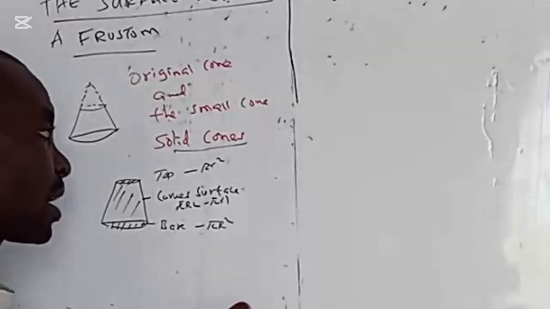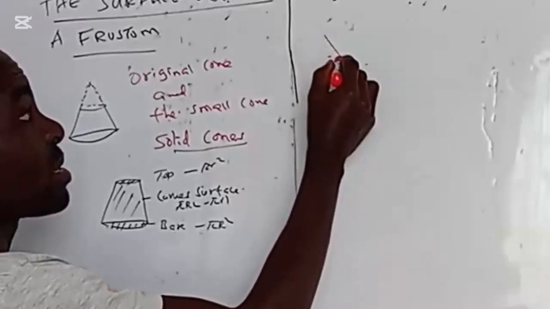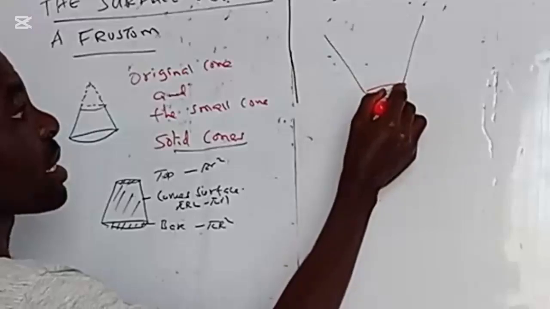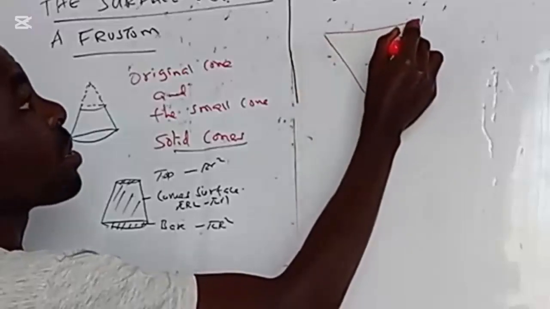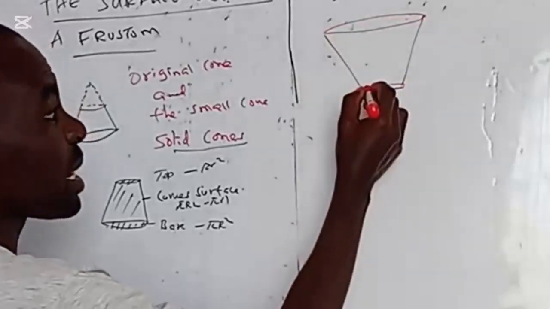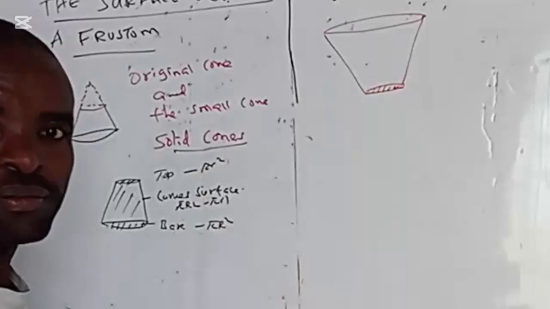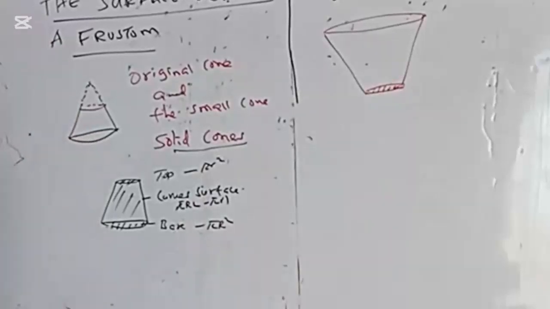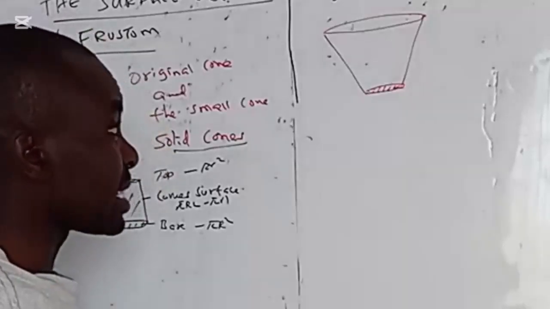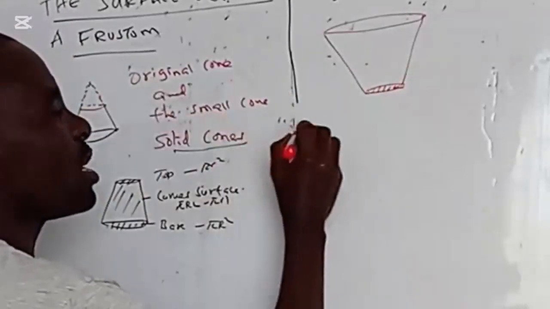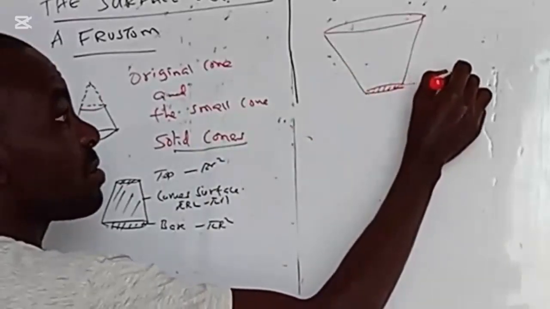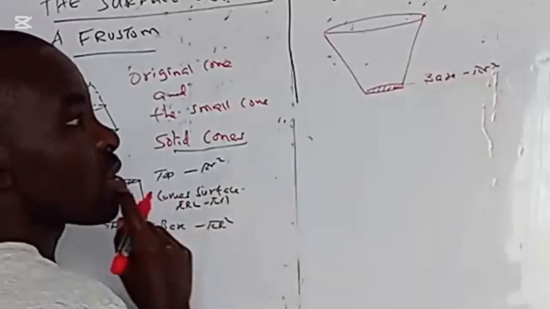Supposing we also have, let's say, a bucket that holds water. It looks something like that. But what do we know about a bucket? A bucket is open at the top. But look at its shape. It's a frustum. So this one also, we have to consider it, but we have to see that it only has the base, which is the small one now, pi r squared.